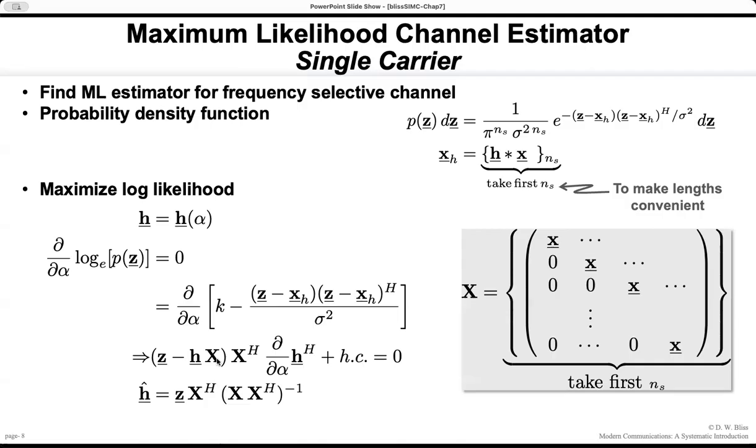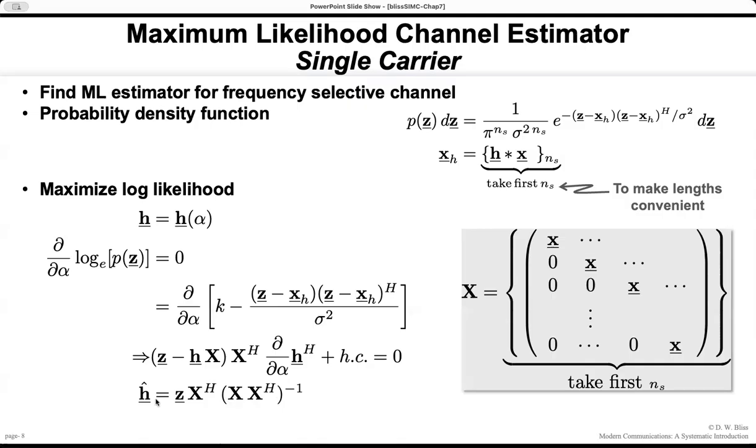So by setting that to zero, I get z times x Hermitian minus h times x times x Hermitian. I can move the h times x times x Hermitian to the other side, then multiply on the right-hand side everything by the matrix inverse of x times x Hermitian, and that gets rid of the x x Hermitian that's multiplying the h, leaving it over on the right-hand side.